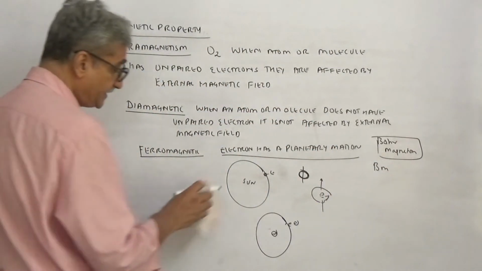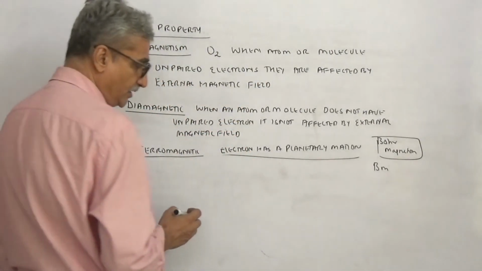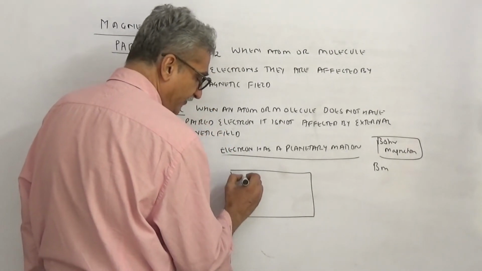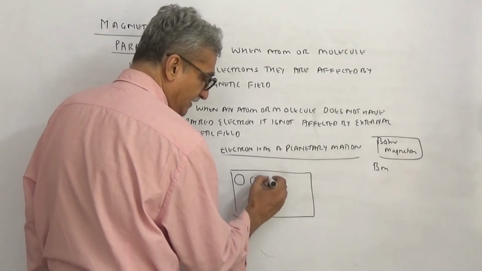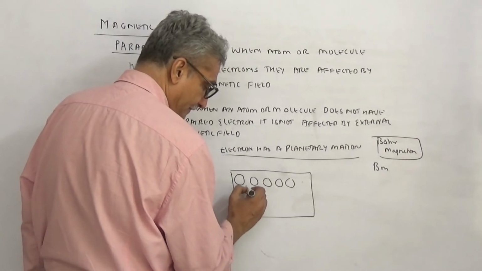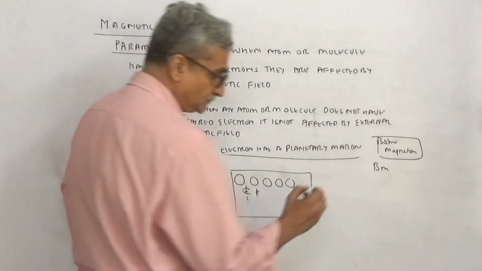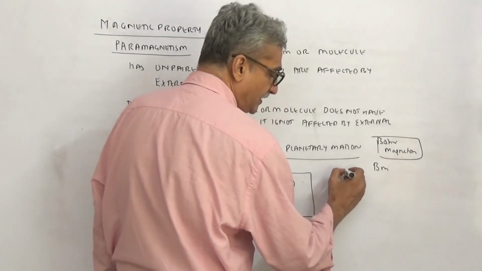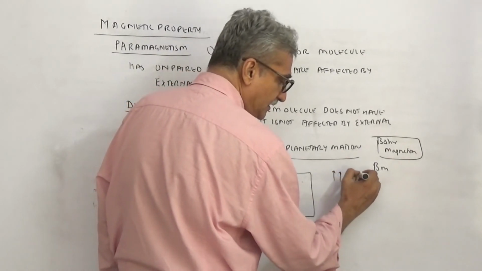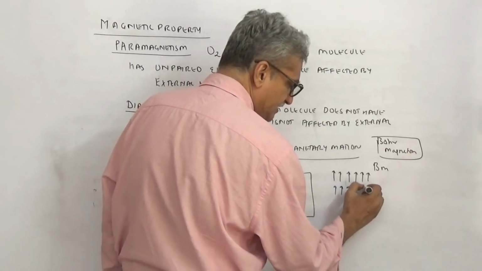Now what happens in the case of iron? In iron, there are Fe atoms and there are electrons. Each and every electron gets aligned. If I put it like this, this is clockwise, this is anti-clockwise. All the electrons in the iron crystal get aligned in the same fashion in the presence of an external magnetic field.